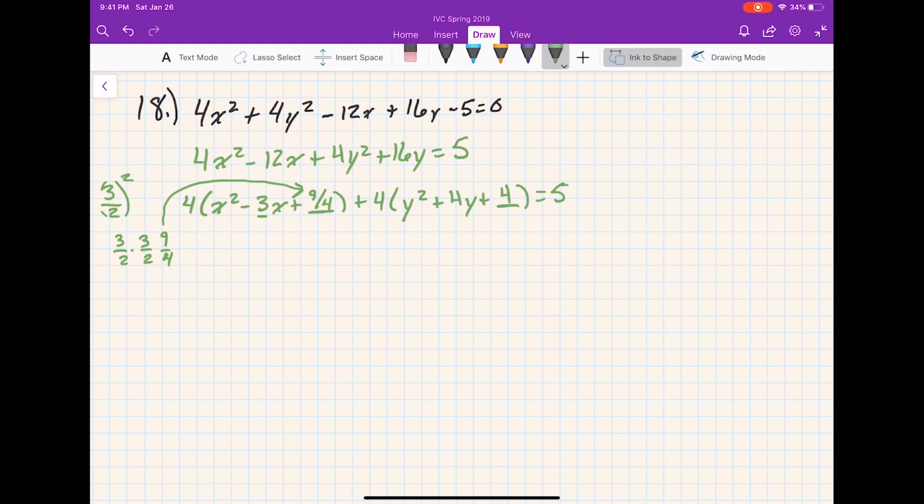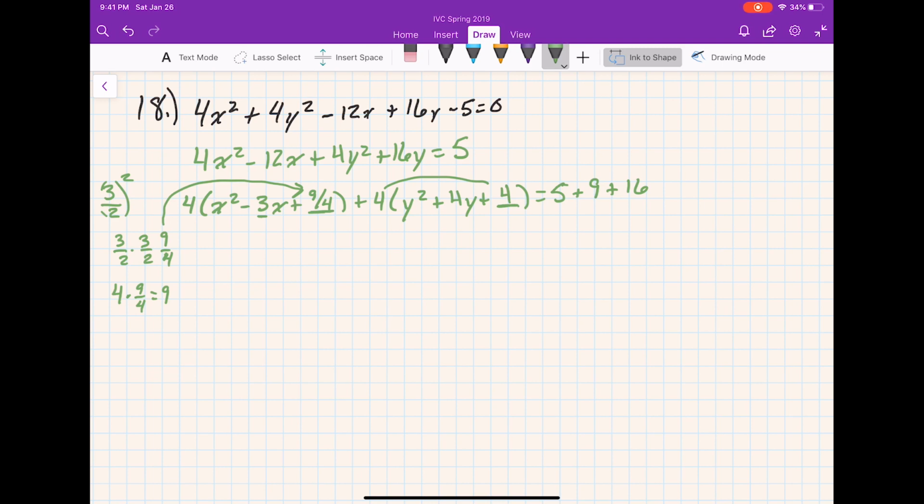There you go. Now, since I added stuff on this side, I have to add stuff to the other side. So 4 times 9/4, that's going to be 9. So let's add 9 over there. And 4 times this 4, that's going to be 16.